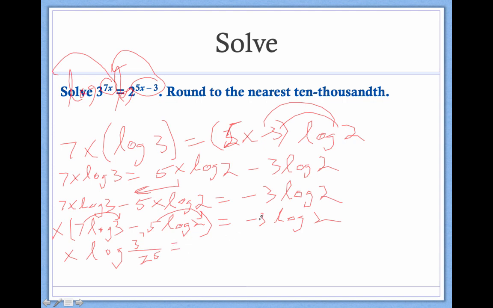You could put this up there too if you wanted to, but I'm just going to leave it. So 3 to the 7th, 2 to the 5th, minus sign means divide. Now I can divide by this, and I'm just going to let my calculator do the work on those.